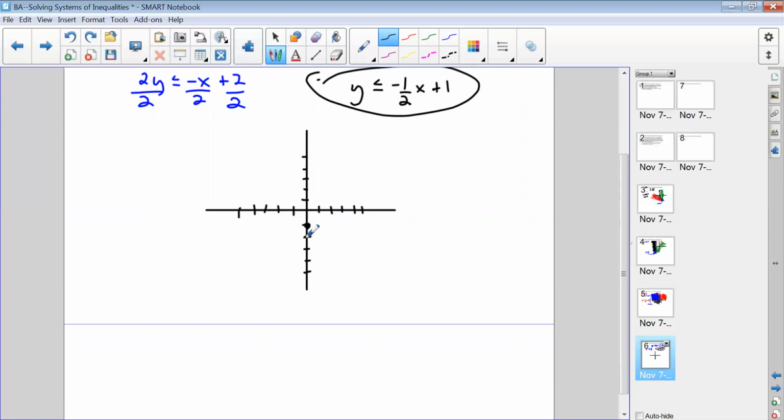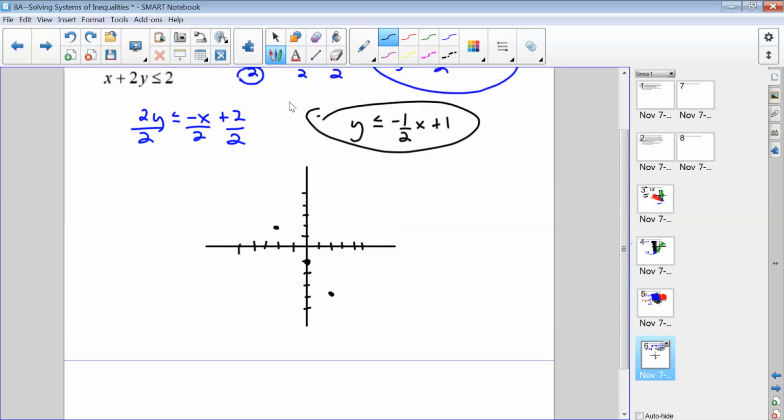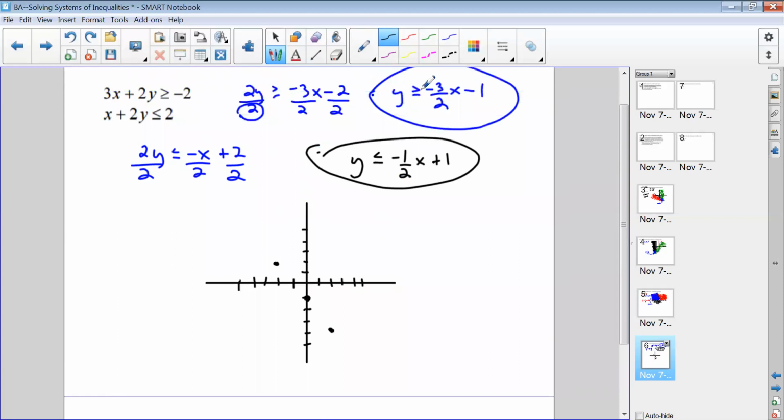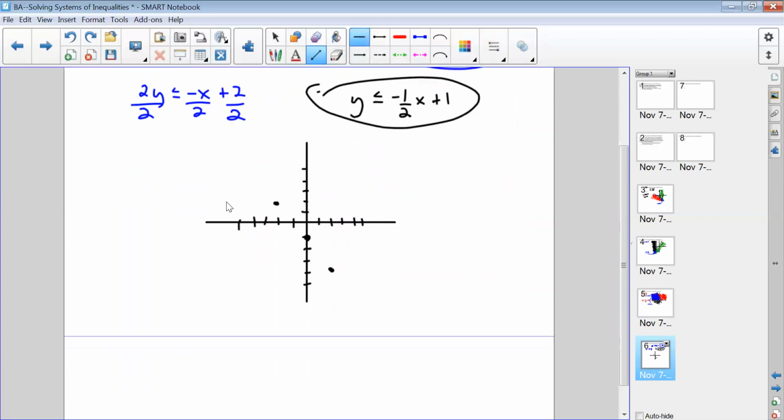So we're going to go down 3, 1, 2, 3, and increase 2. That would be a negative 3 to positive 2 slope. And then I can do it the other way. I can increase 3 and decrease 2. Now is that a dotted or solid? That would be a solid line. So I want a solid line to go through these.